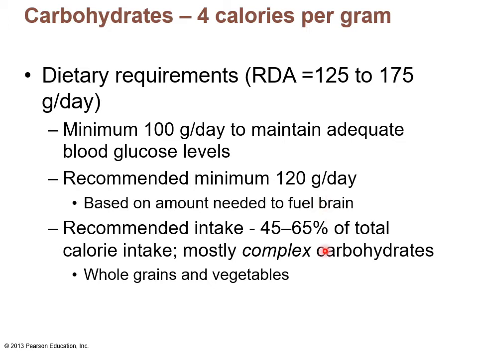The recommended intake should be 45 to 65% of total caloric intake, and you want this to mostly be complex carbohydrates in the form of whole grains and vegetables. Now, carbohydrate makes up about a pound in the average human body and is stored mostly in 3 places. But most of it, I want you to remember, 325 grams is in the muscle as glycogen.